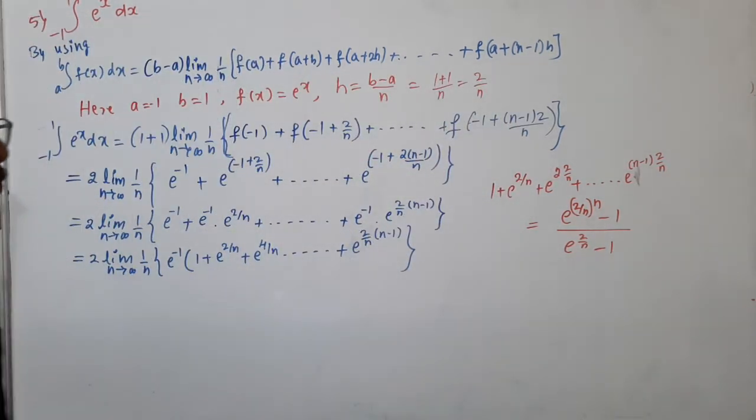That is, e to the power 2 by n into n, minus 1, divided by e to the power 2 by n, minus 1.